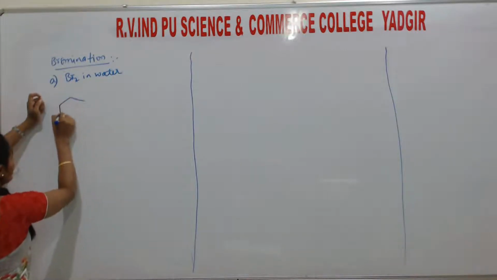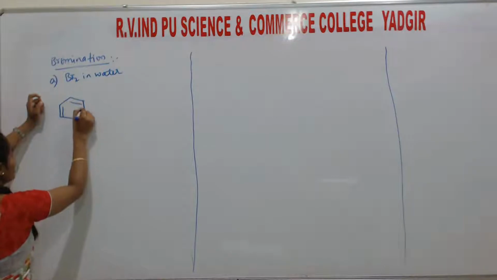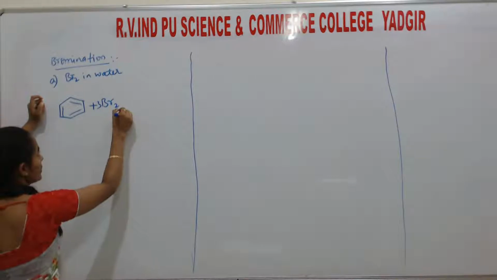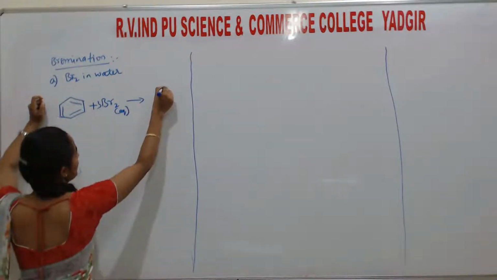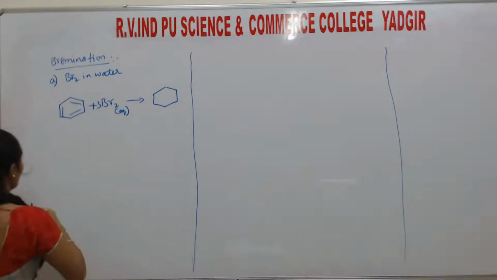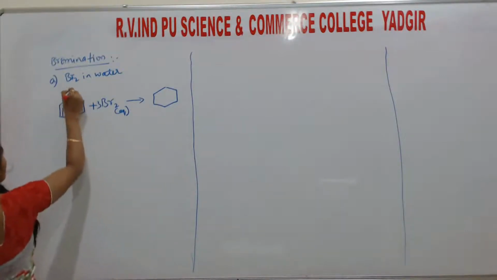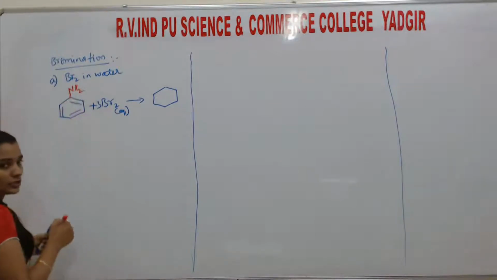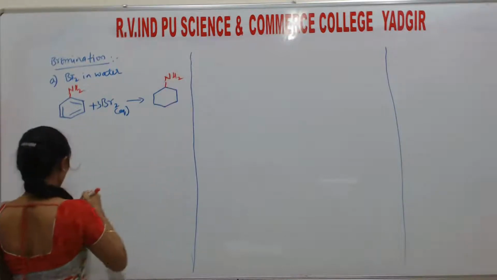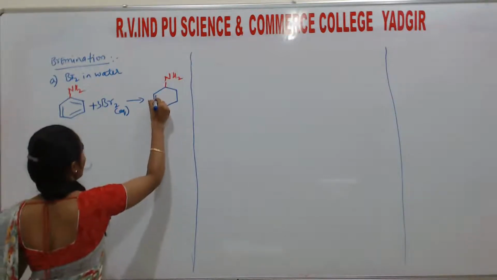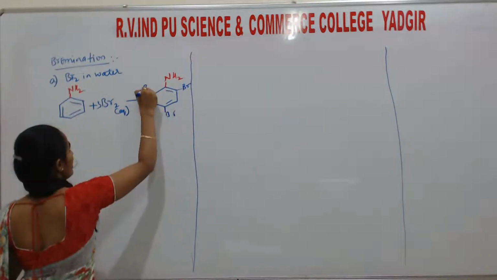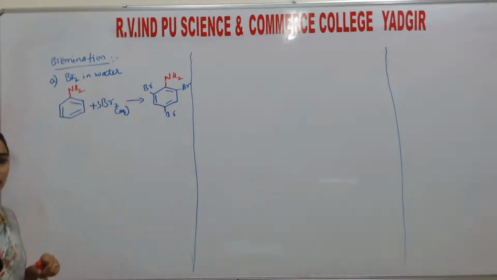When this aniline reacts with bromine water, that is aqueous, it forms tri-substituted aniline. Write the group here. This is NH2, so the functional group will remain here. Then Br, Br, Br, tribromoaniline will form.